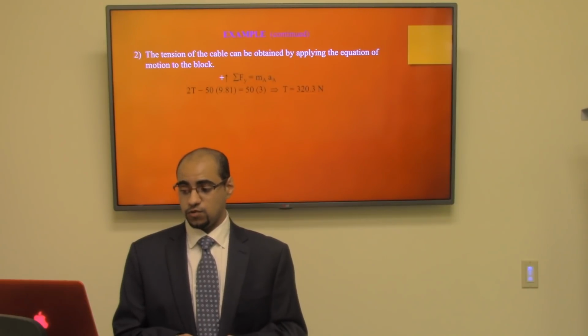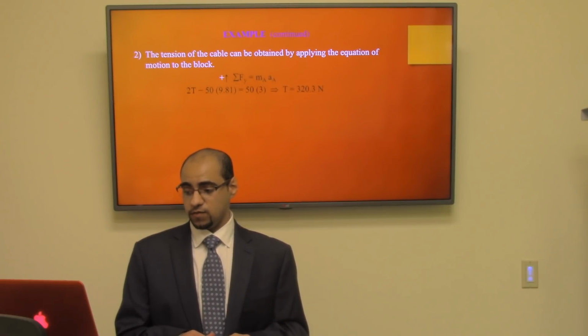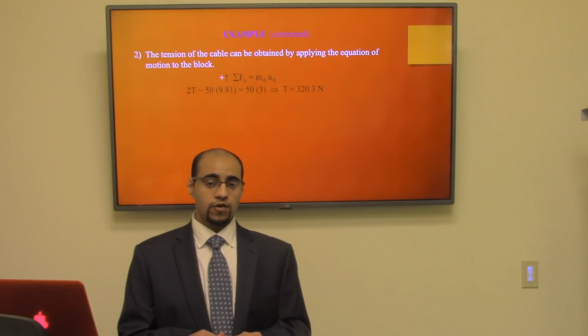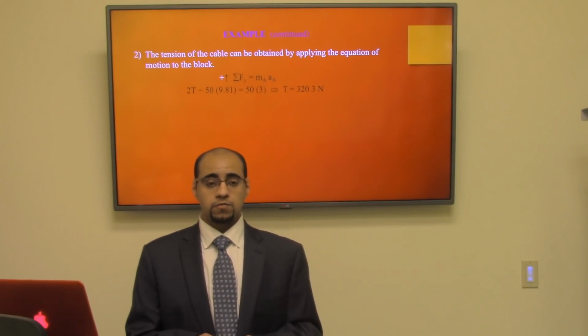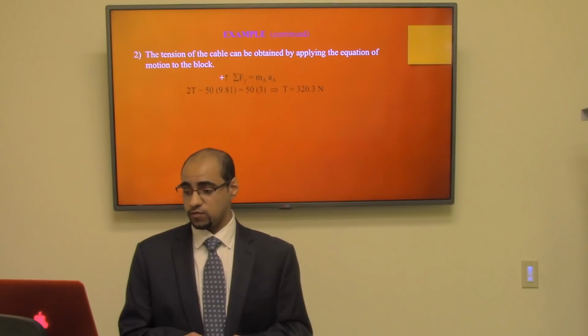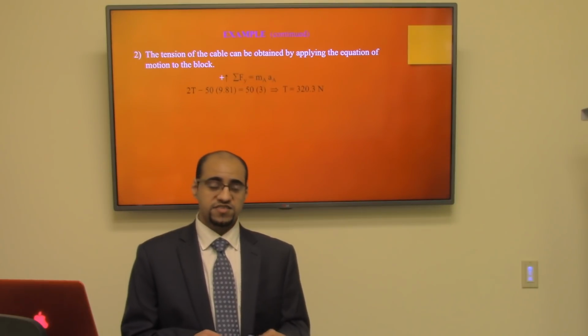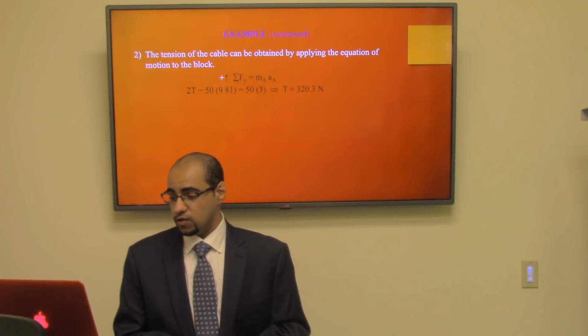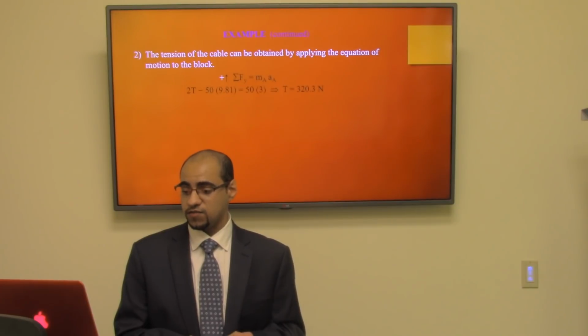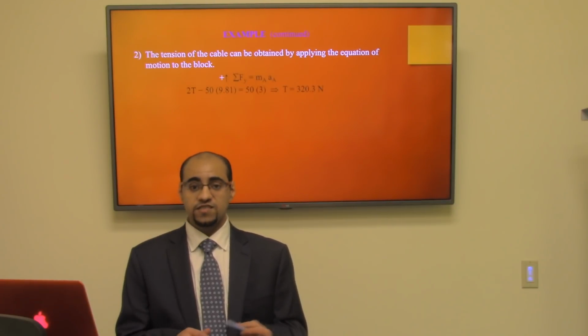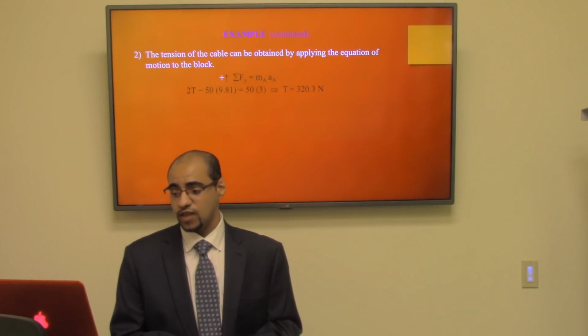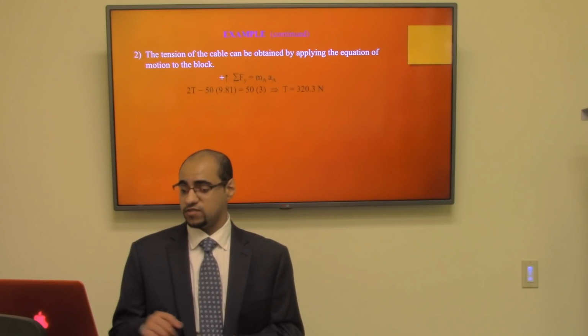So 2T minus 50 multiplied by 9.81 meters per second squared, which is the gravity, equals 50 multiplied by 3, which gives us T equals 320.3 Newton.